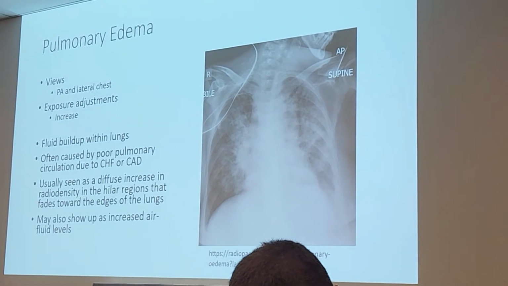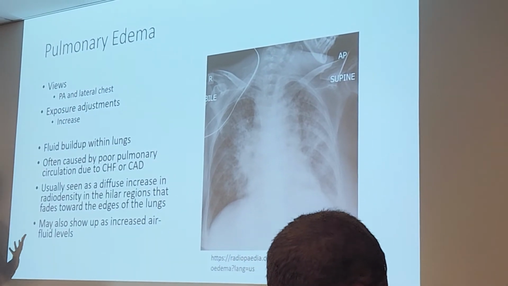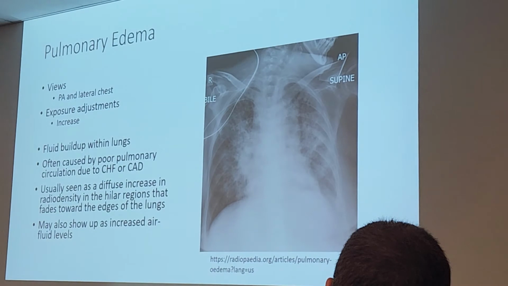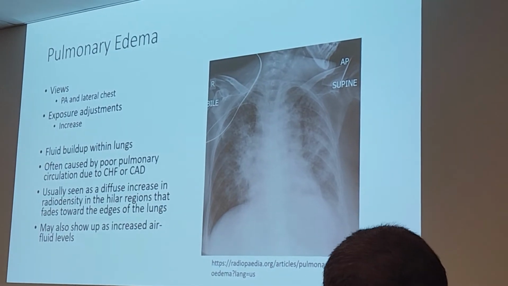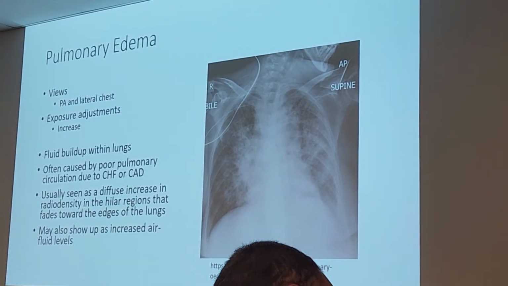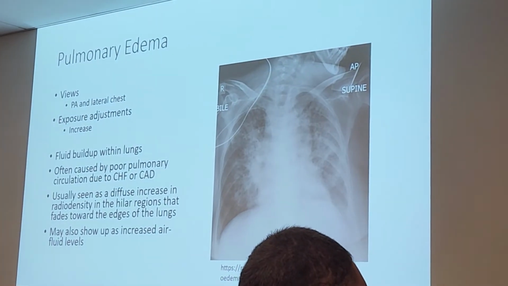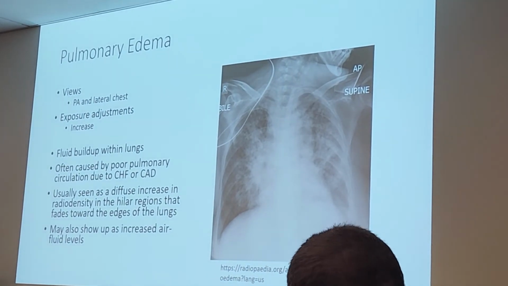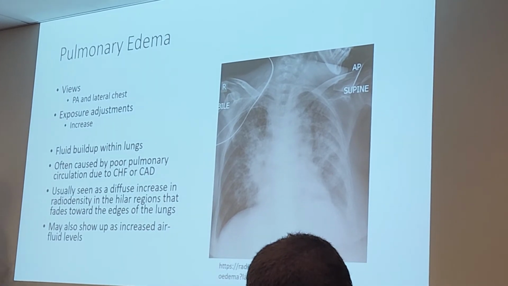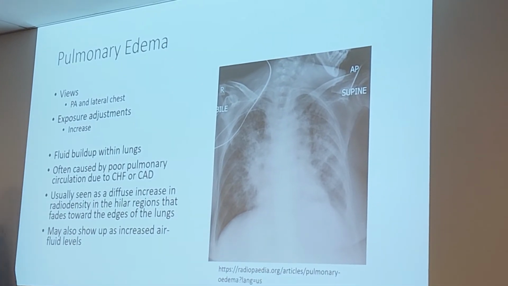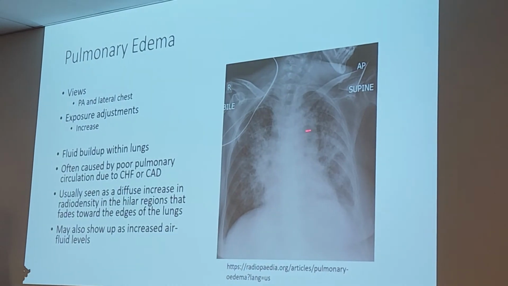Now, because this is not outside the lungs, this is inside the lungs, inside the vessels, you see this as an increase in density throughout the lungs, especially in the hilar regions, because the hilar region is really dense, filled with lots of vessels. Take a look here in the center, the hilar region.